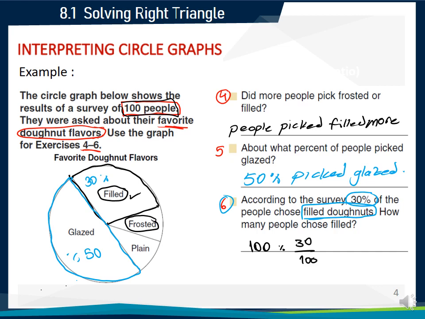Always, if you want to find the number of people or the number of things, we have to find the total number times the percent over 100. So 100 with 100 we can simplify. So it is equal to just 30. 30 people picked the filled donuts.